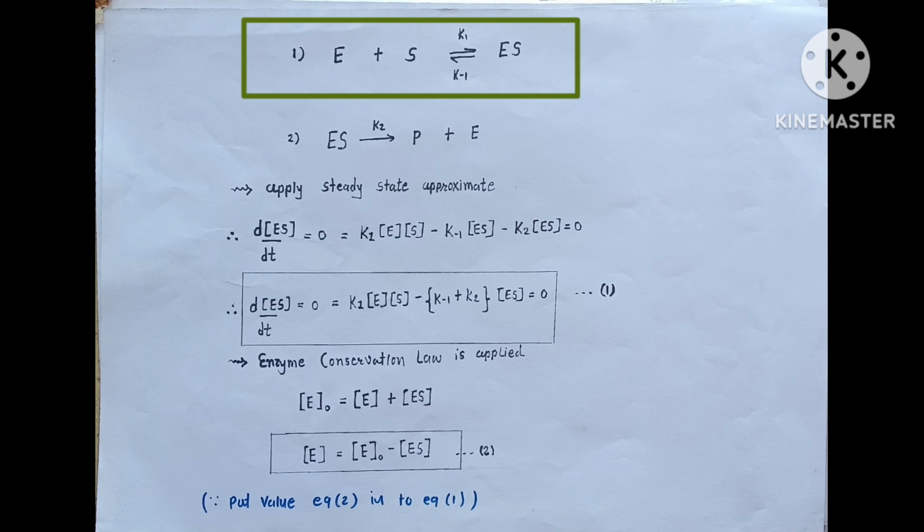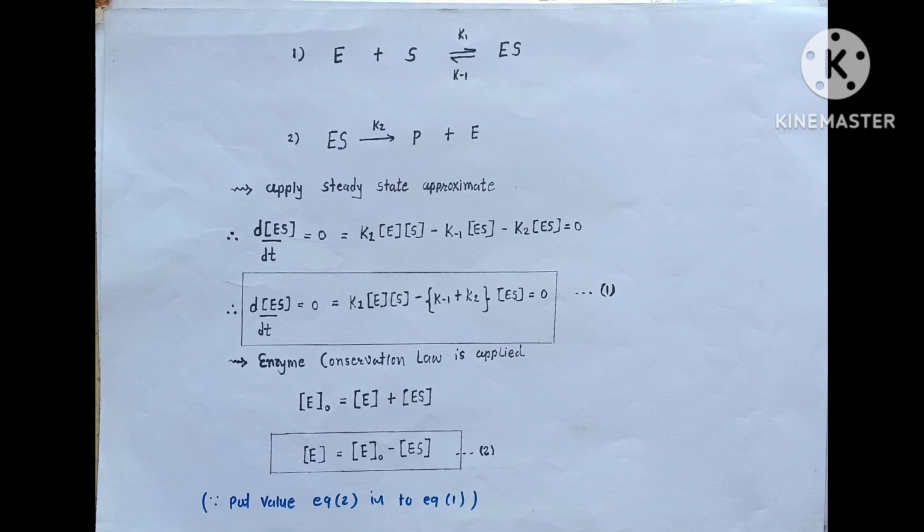Otherwise, if the enzyme substrate complex goes in the forward direction, what happens? It releases the product and the free enzyme, which we define as K2.